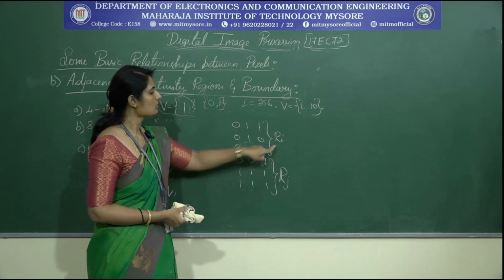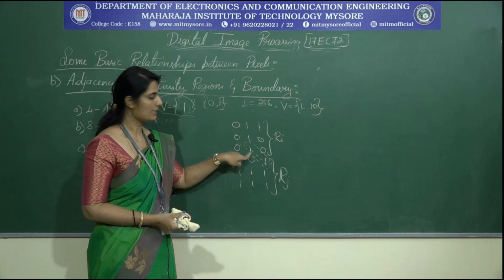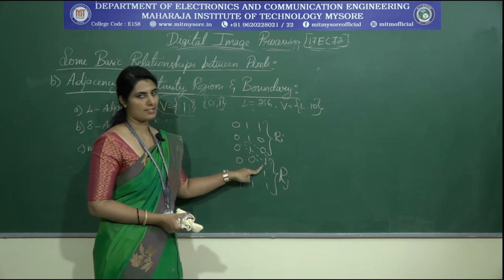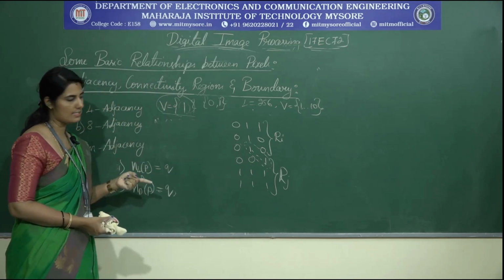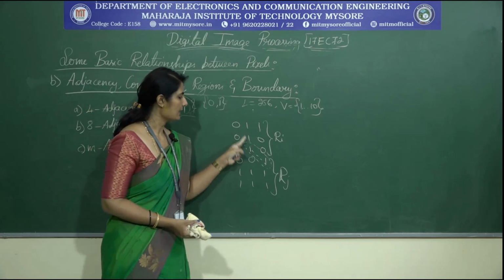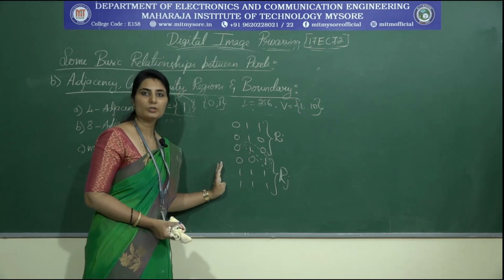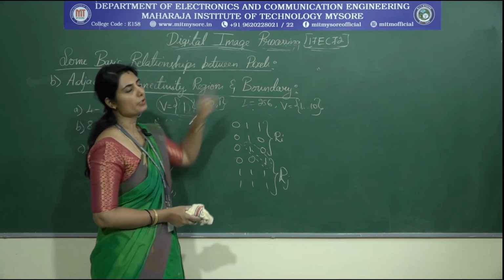If the connectivity is established in any of the ways, 4 adjacency, 8 adjacency or M adjacency, then the two regions are connected and adjacent to each other. Next is the boundary.